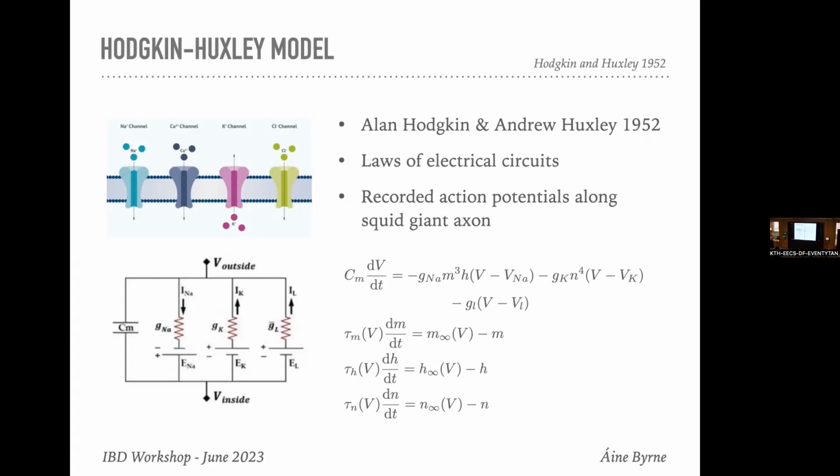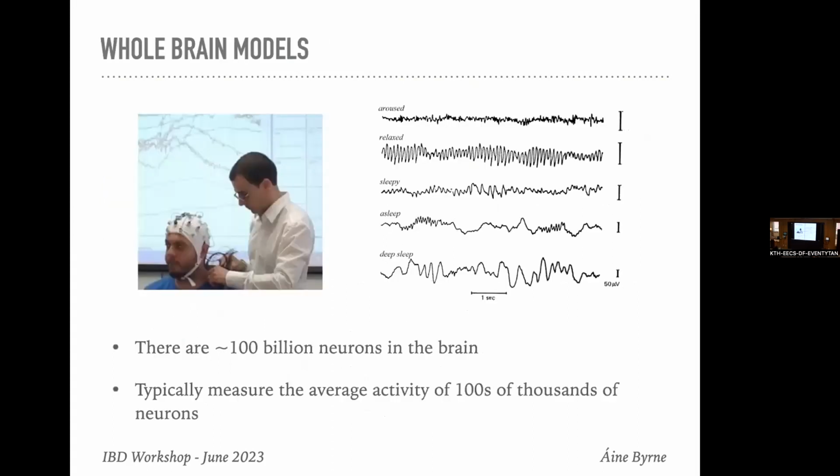But when it comes to modeling brain areas, we're thinking maybe hundreds of thousands of neurons. You can't really have 100,000 sets of Hodgkin-Huxley equations. You need something a little more simple, and that's where mean field models come in. We think about measuring with an EEG cap or MEG.